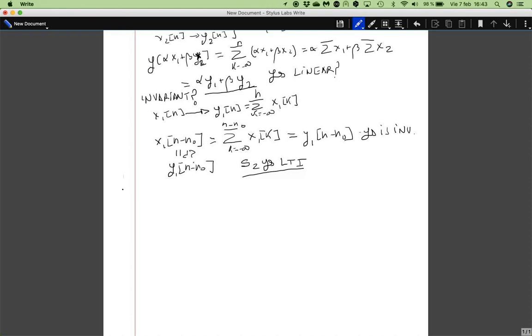So let's go ahead and do the second part, where they ask us to calculate the impulse response of the system, h[n]. And again, when we have h[n], we will be able to easily calculate if the system is causal and stable.